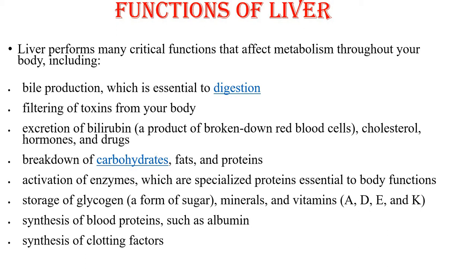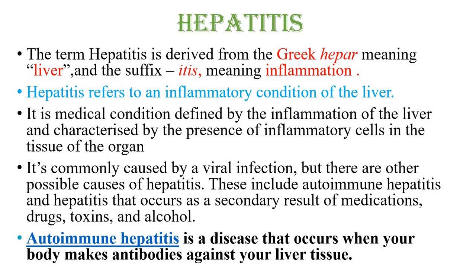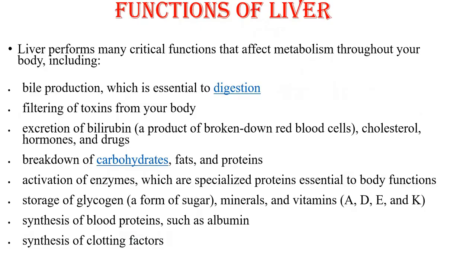Now we'll consider the functions of the liver, because in case of autoimmune hepatitis, or infection caused by the common hepatitis viruses A, B, C, D, E, the liver is damaged.